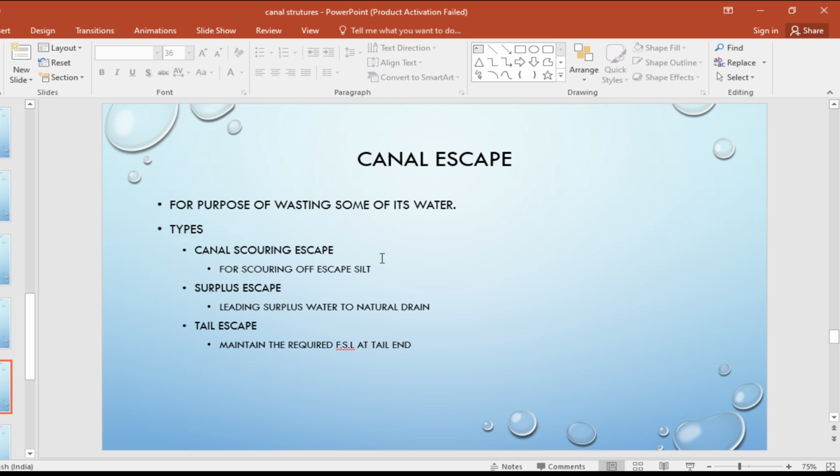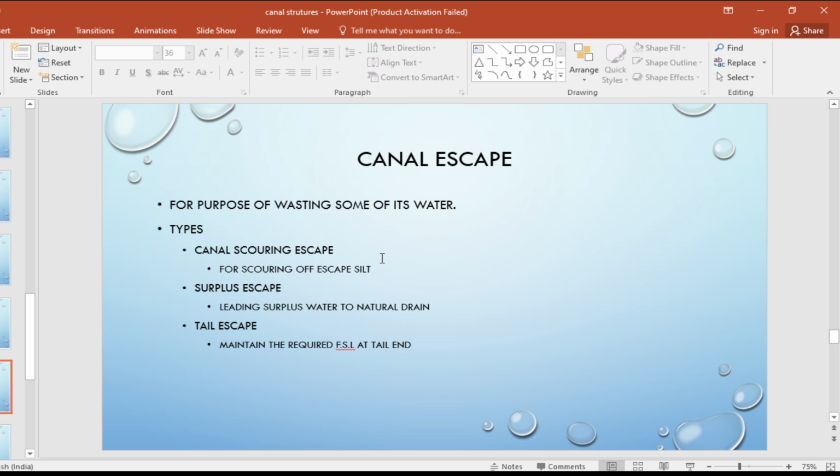The escapes are essential safety valves for canals, and these should be constructed at regular intervals, or at some intervals.